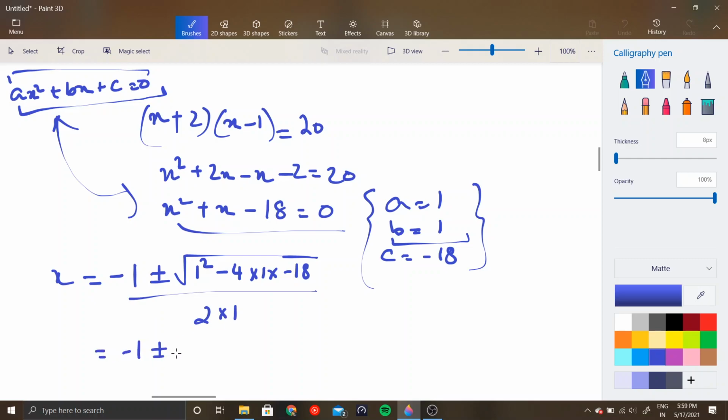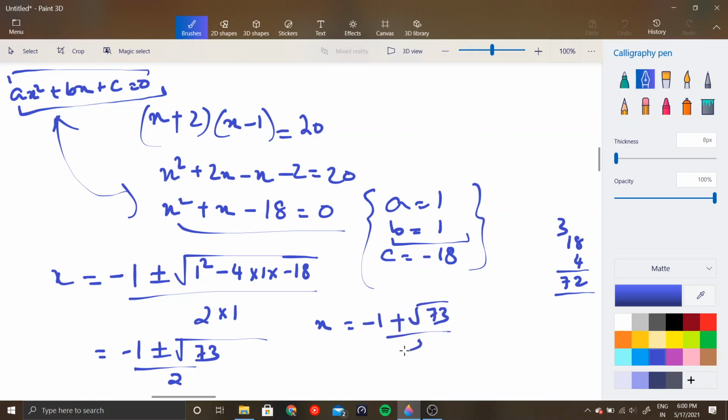So this is minus 1 plus minus root over 1 square is 1 plus 18 into 4. What's 18 into 4? 18 into 4 is 72. This is basically 1 plus 72, so root 73 by 2. So the values are minus 1 plus root 73 by 2, and the other value is minus 1 minus root 73 by 2.